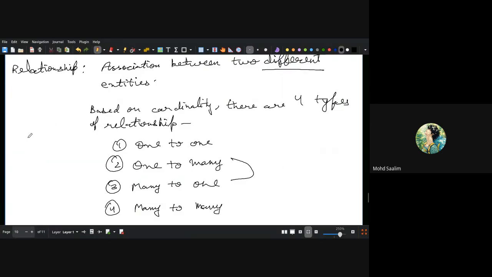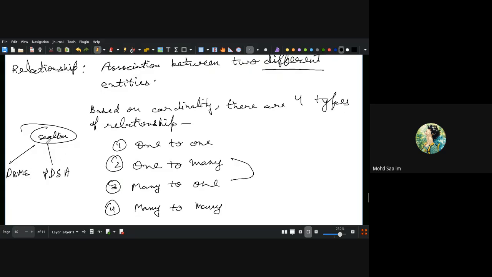So when I say that a single student can be associated with multiple courses, which type of relationship am I talking about? One to many. One to many, right? So this is a single student, and a single student is associated with multiple courses.